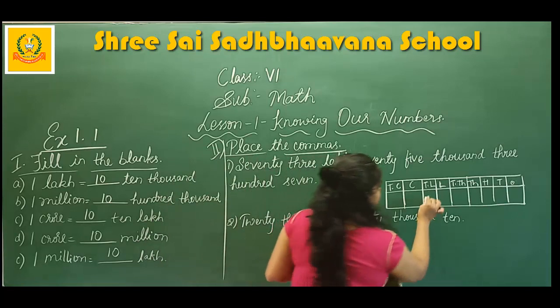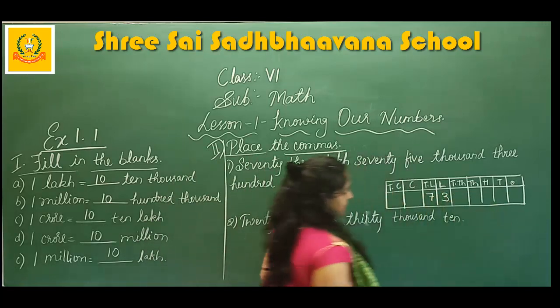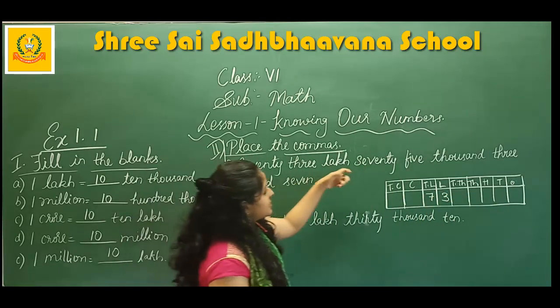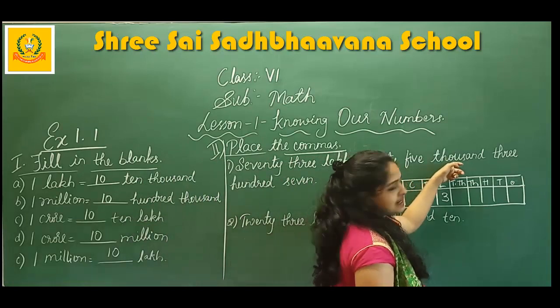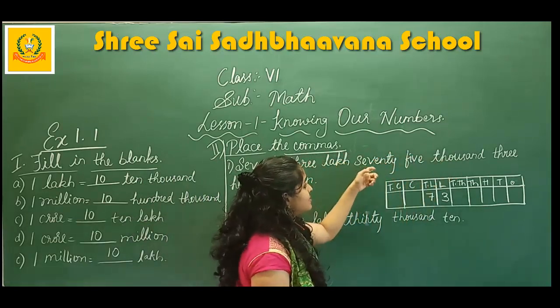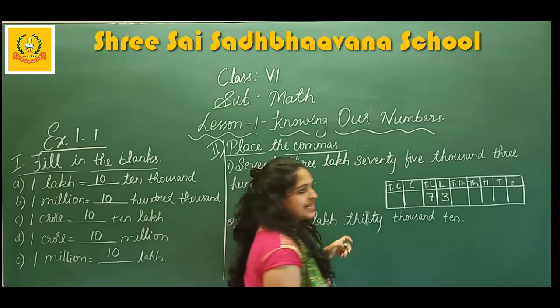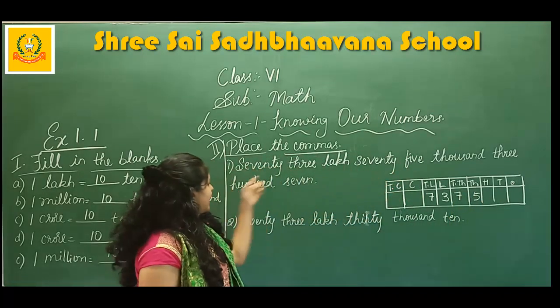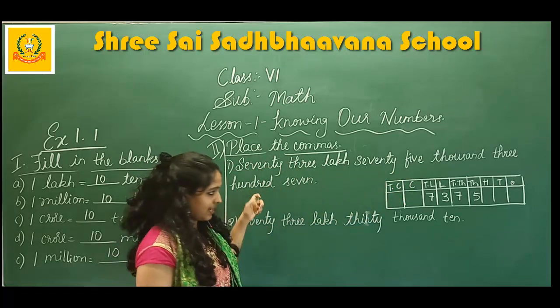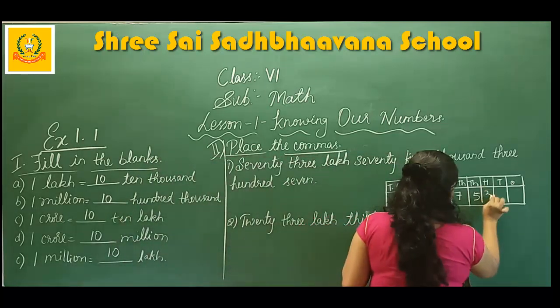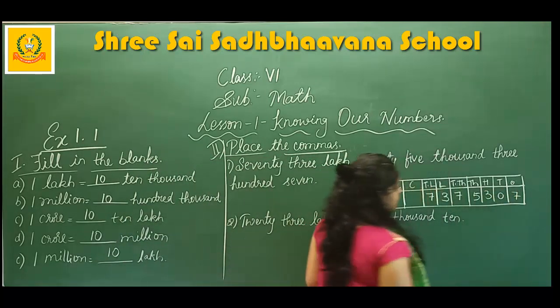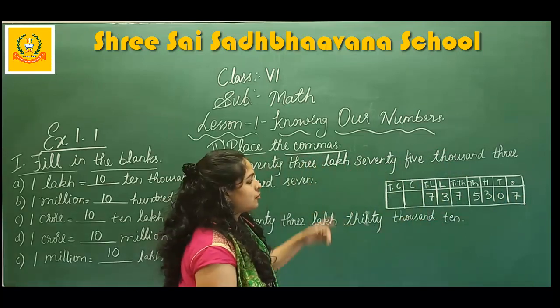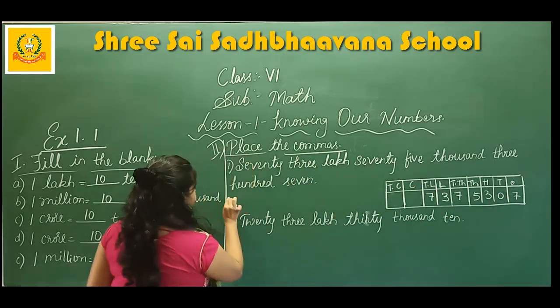So here, 73 lakh. Understood? Next, 75,000. In the thousands period you have 75. Then 307. This is the numeral. Now to this numeral, we have to place the comma.